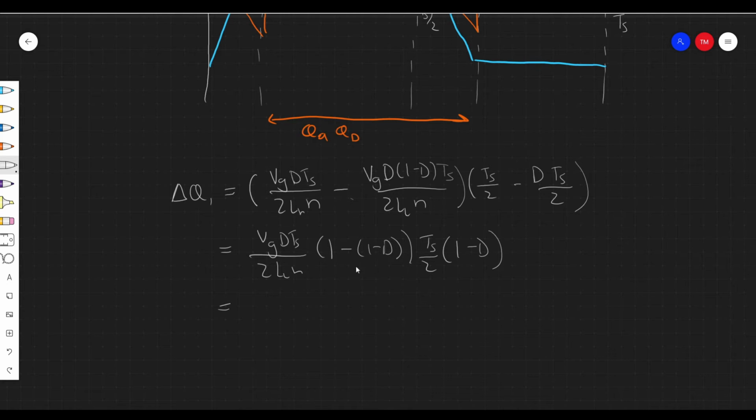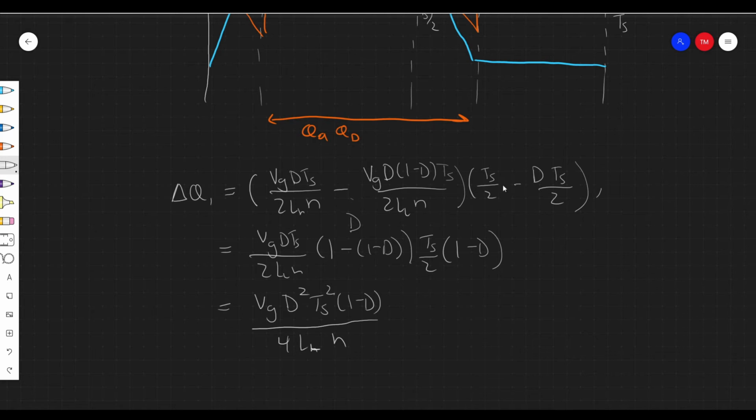Simplifying again, this is d. We have a Ts over 2, so let's just group it all together. So we have Vg, d squared, Ts squared, 1 minus d, all over 4L Ln. Cool. All right, so that's delta Q1.